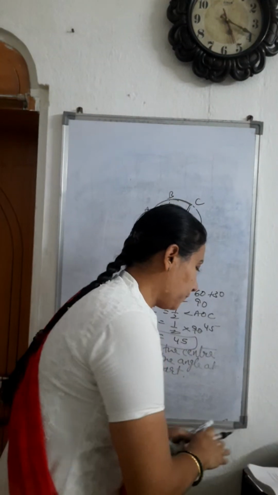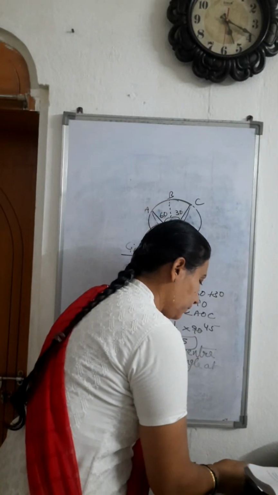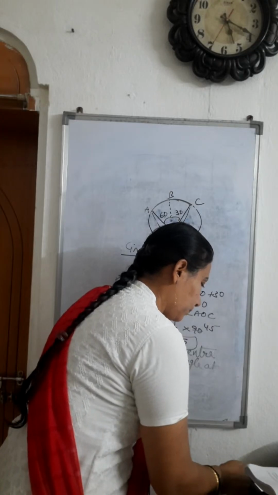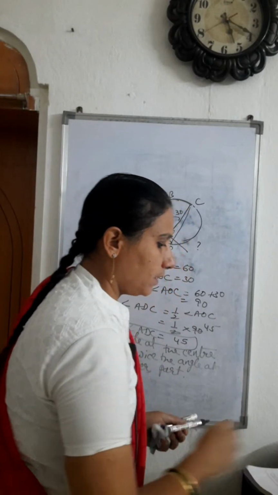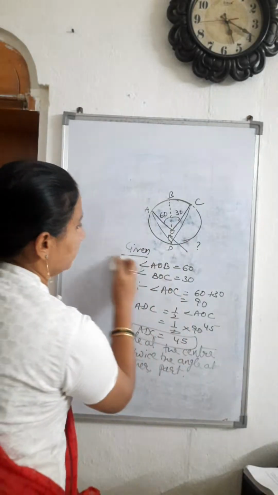Second question, here it is given. In the second question it is given that a chord of the circle is equal to its radius. So first let's draw the figure.